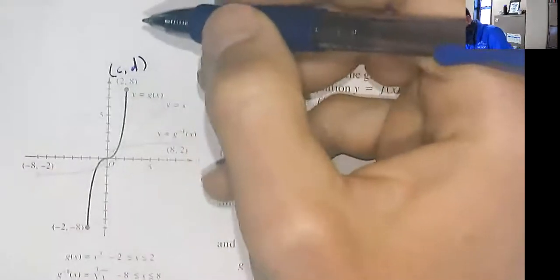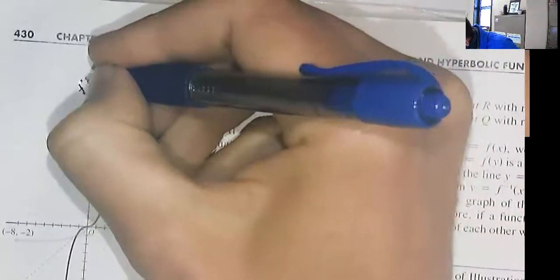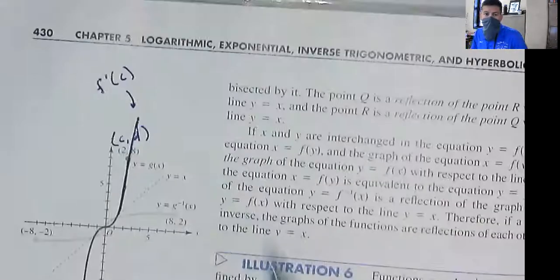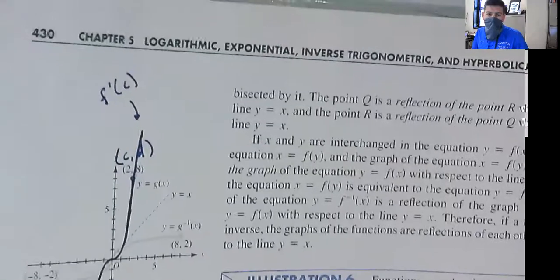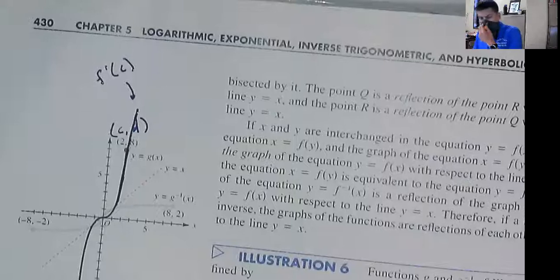There is a tangent line here, and a tangent line there, whose slope is f prime of c. I already regret this. This is not going to dry.